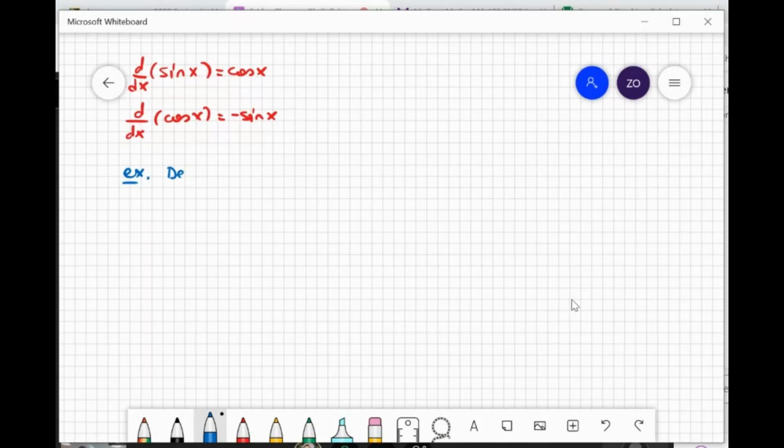Now, let's derive the formula for the derivative of the tangent function. However, you can do it using the definition of the derivative, we will just use trigonometric identities and derivative formulas.